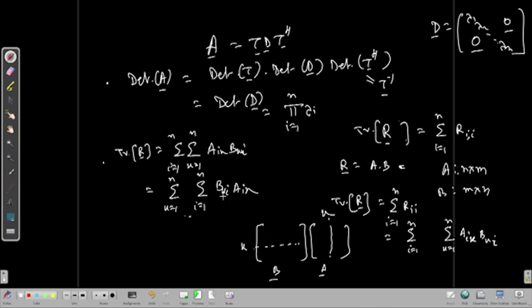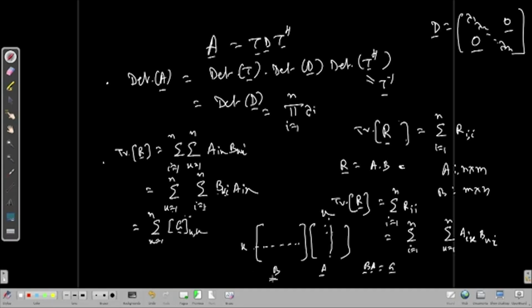B k1 A 1k, then B k2 A 2k, again B k2 because k is fixed, A 2k, and likewise, isn't it? So, if you call this matrix BA as, say, G, this will be the k comma kth element of the G matrix, where G is BA.